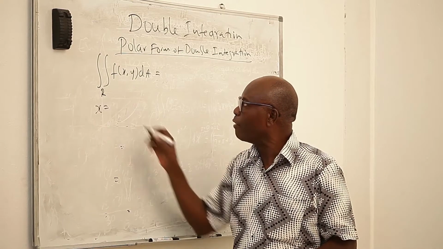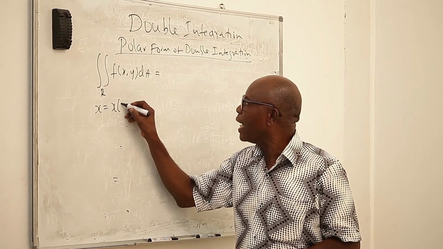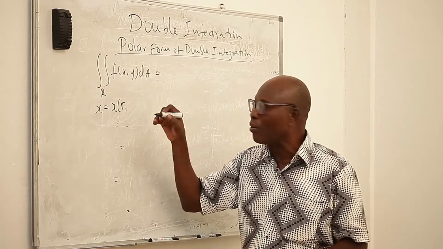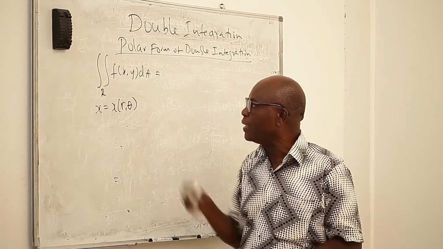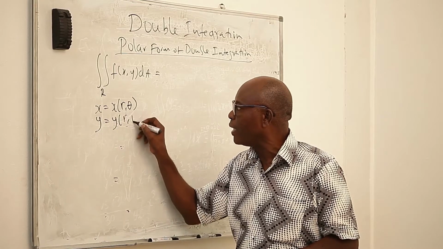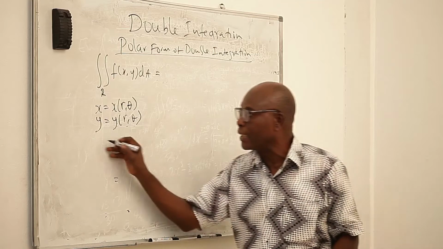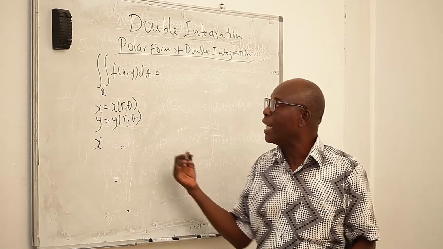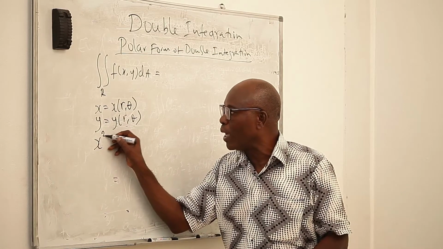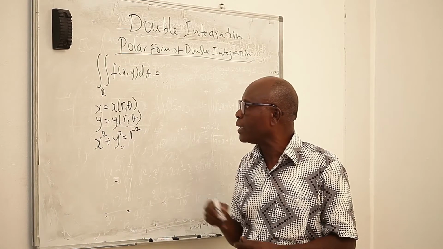In this case, x is a function of the radius r and the angle theta, and y is also a function of r and theta, and we know that the formula for a circle centered on the origin is x squared plus y squared equals r squared.